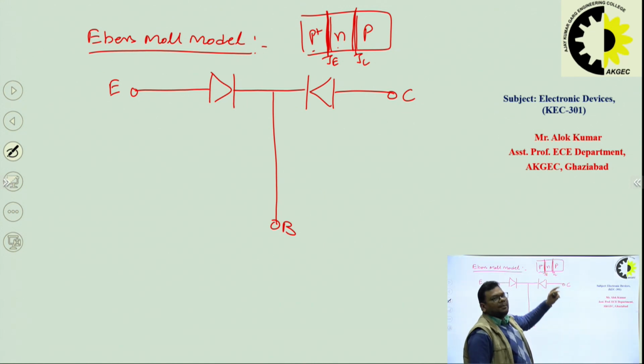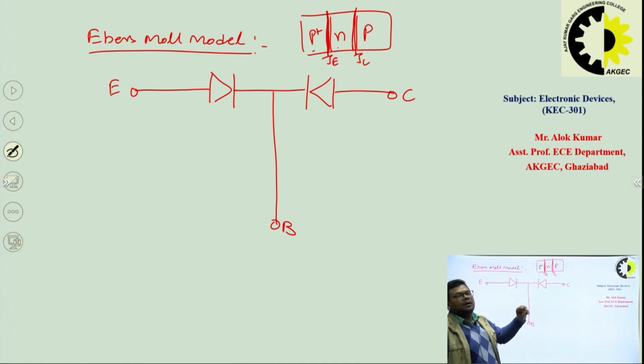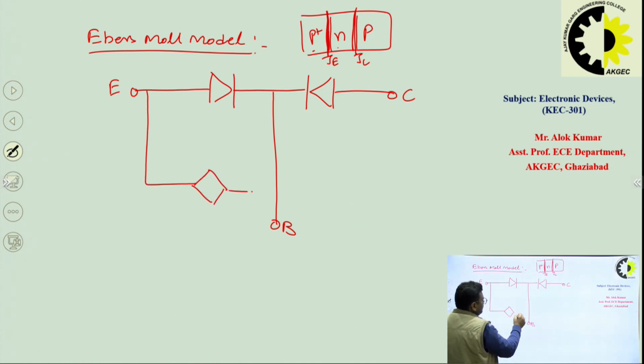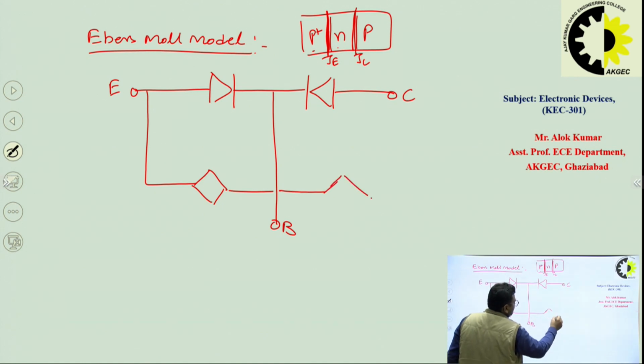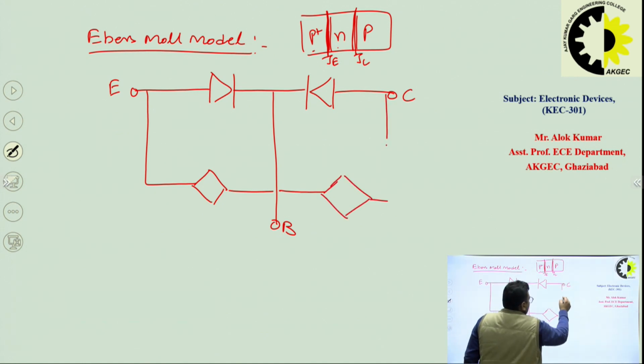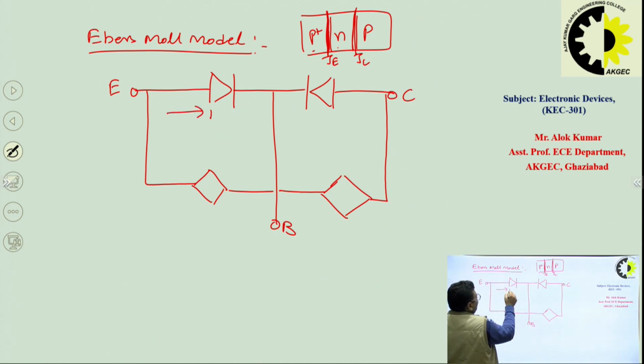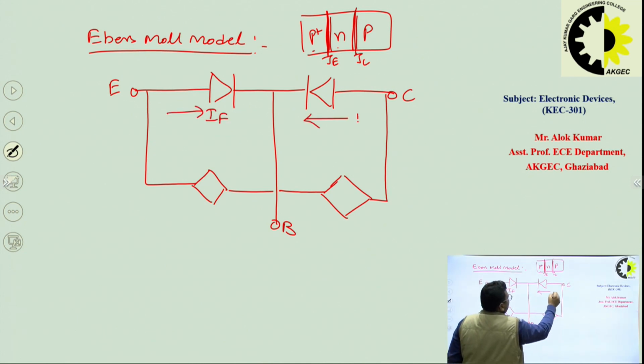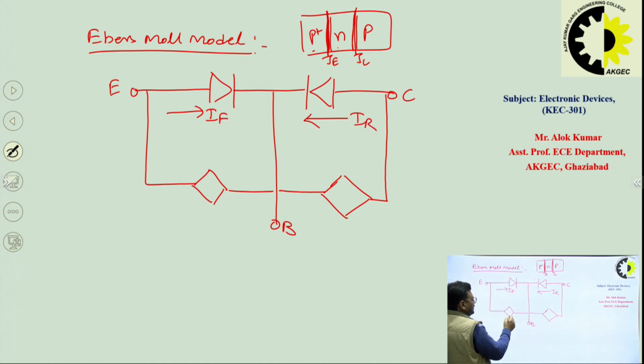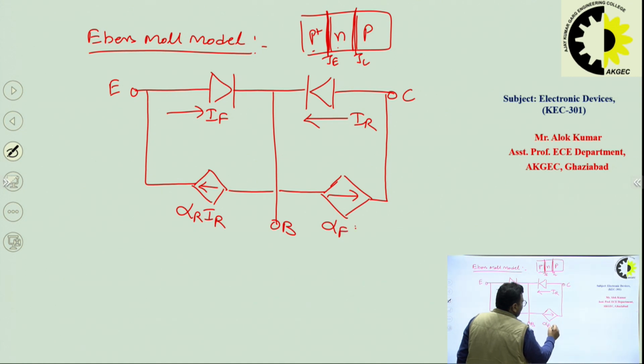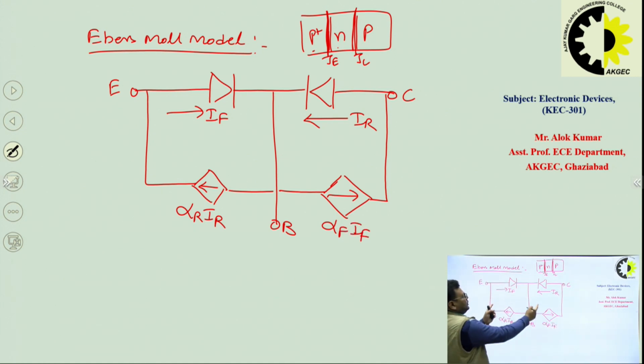So these two junctions are dependent on each other, but these two diodes are not. So we have to change this, and we will add one more term here. For example, if IF current is flowing here and IR current is flowing in this direction, then this factor will be alpha R into IR, and this factor will be alpha F into IF. So these two factors have to be taken so that these two junctions or diodes become interactive.